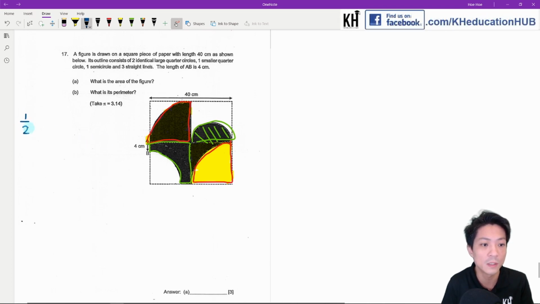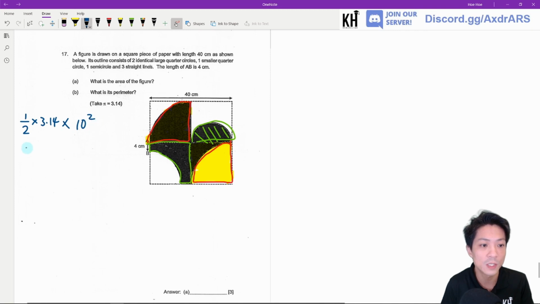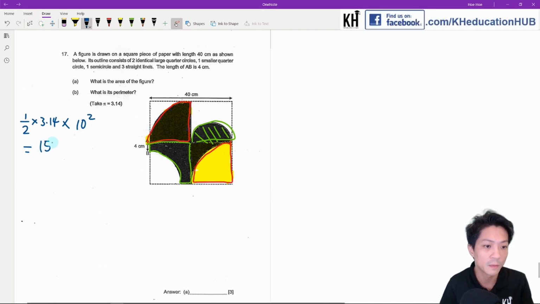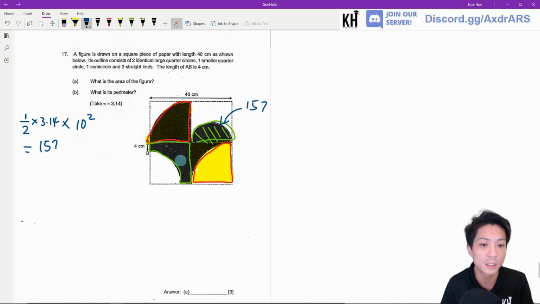So this will be half times pi times the radius is 10 square. Okay, so it will be 314 divided by 2, which is 157. So this is 157. And now I'm gonna find this part here. This part here, I need to find this quarter circle first.